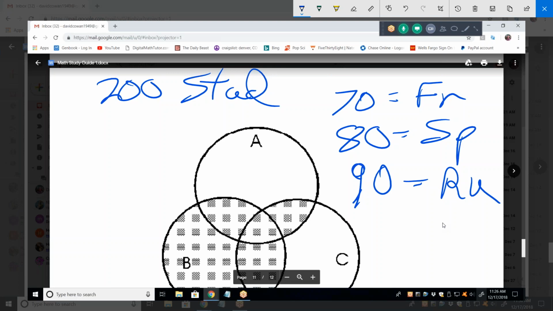Okay. But the set of A, this would hold 70 people in it. The whole circle. We're going to let B be the Spanish. That's going to be 80. And we're going to let C be the Russian.